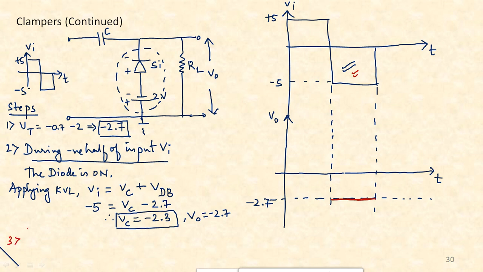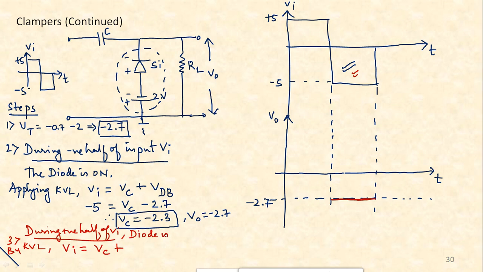Further, during the positive half of Vi, what happens? Again applying KVL, what do we get? Now the diode is off.